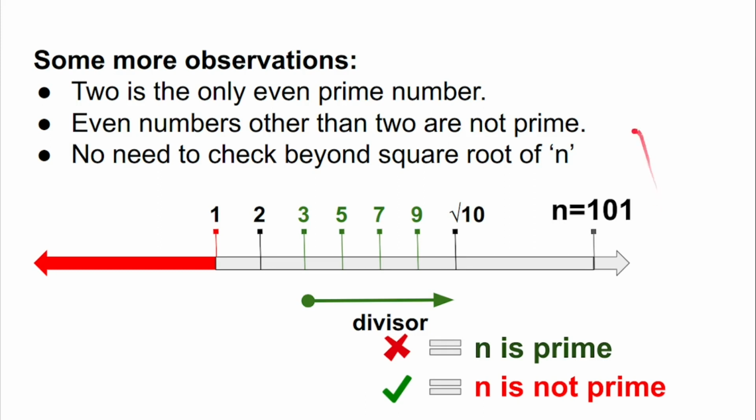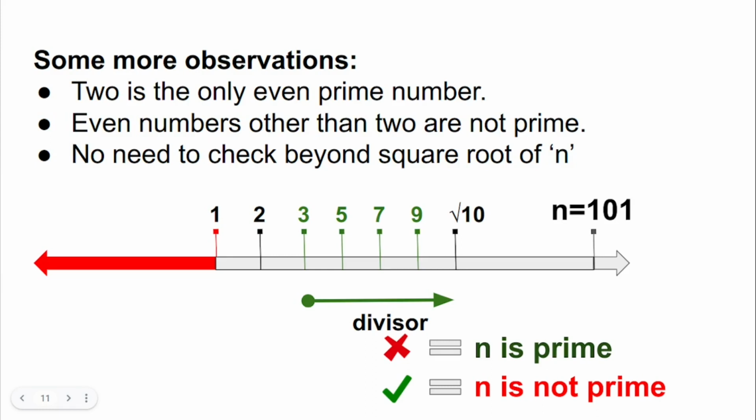That is, we'll start from 3, then we'll go to 5, then 7, then 9, and note the square root of 101 is 10 point something, and we'll take only 10 because we are only considering integers, and once we reach root 10 we'll stop. If you compare it with our initial solution, you'll notice a substantial improvement. Just 4 comparisons instead of 101.